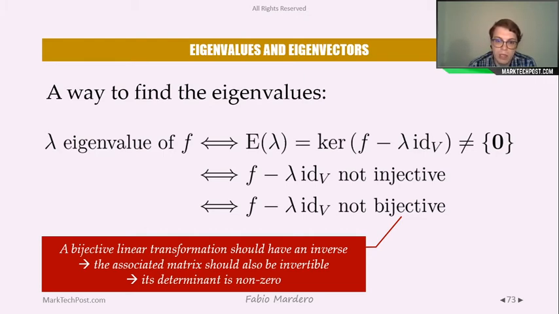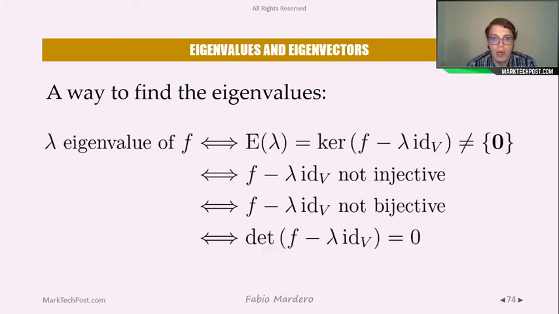But we've seen from the properties of the determinant that if a matrix is invertible, then the determinant should be non-zero. Here we have the opposite of this proposition. So, if this function is not bijective, then the determinant should be 0.